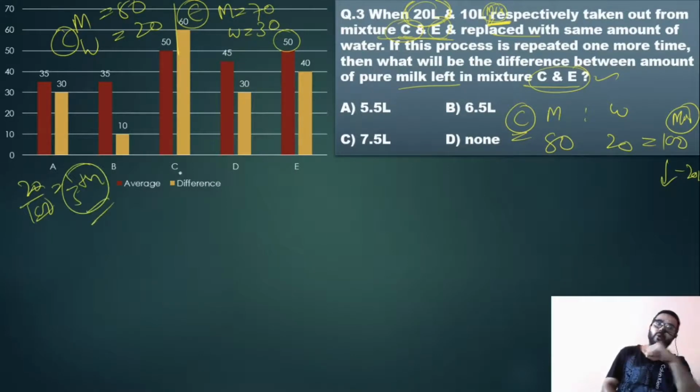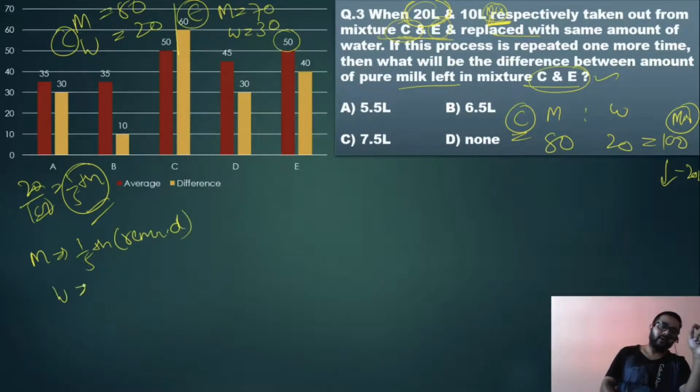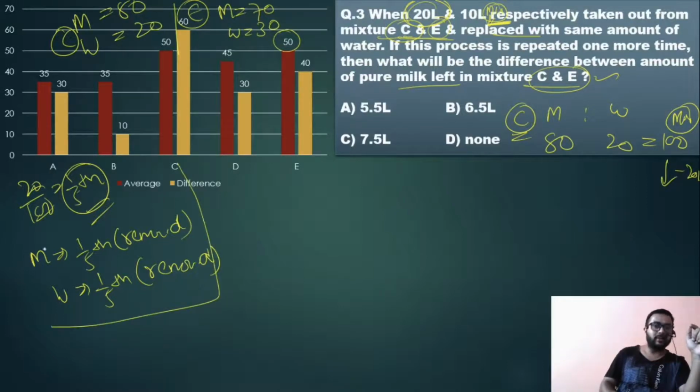So I have told you, if you are removing 1/5 part of the mixture, your milk will also be 1/5 part removed, and your water quantity will also be 1/5 part removed in the same process. Okay, so this was the concept I already told you in the class of mixture and alligation.